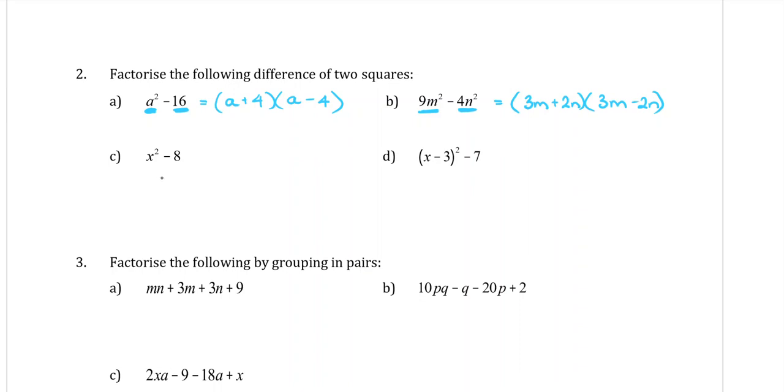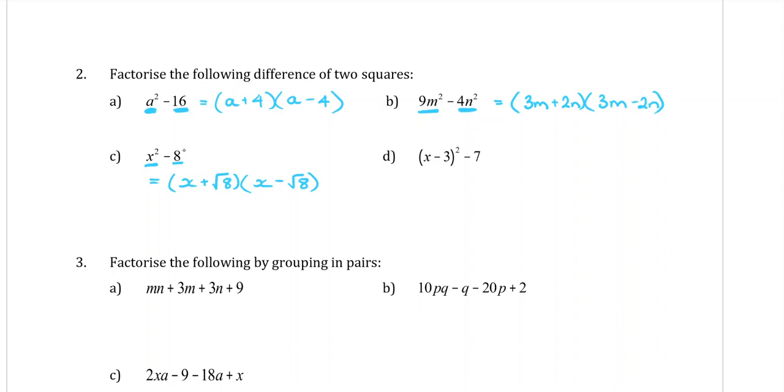Now, question C, even though it's not very nice, because we're going to have to use surds here, this is still a difference of 2 squares. So here's my brackets. Square root of x squared is x, so that's at the beginning of both brackets. Square root of 8, unfortunately, doesn't go nicely, so I'm putting square root of 8 in there. 1 a plus, 1 a minus.